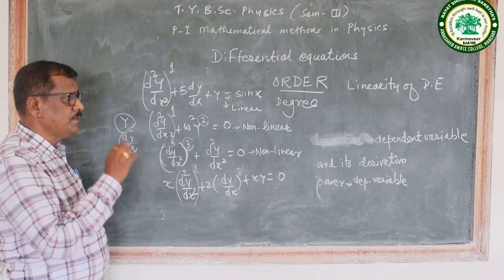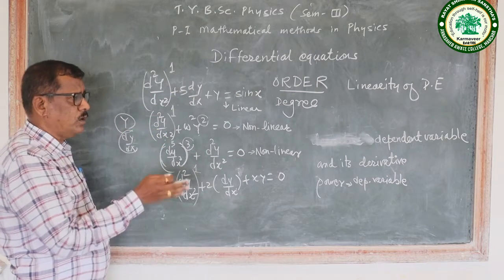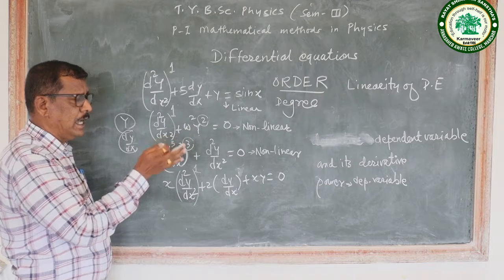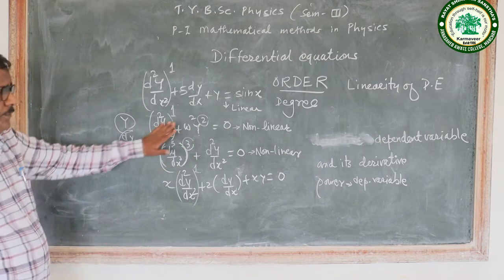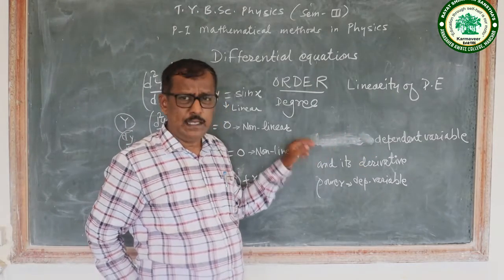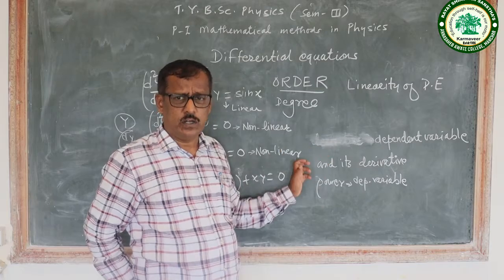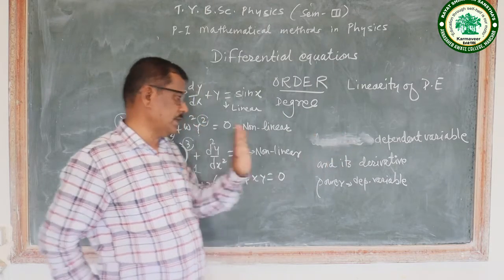The second thing is that in a differential equation, there is no product term of the dependent variable and its derivative. If no product term of the dependent variable and its derivative occurs, then it is called a linear differential equation.